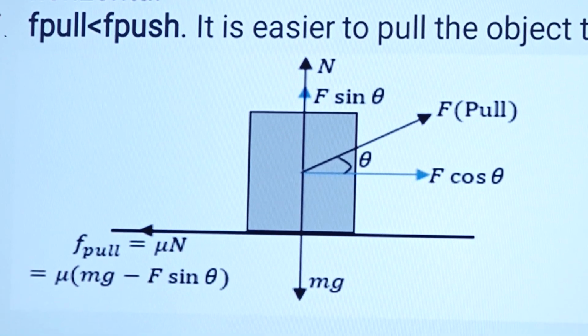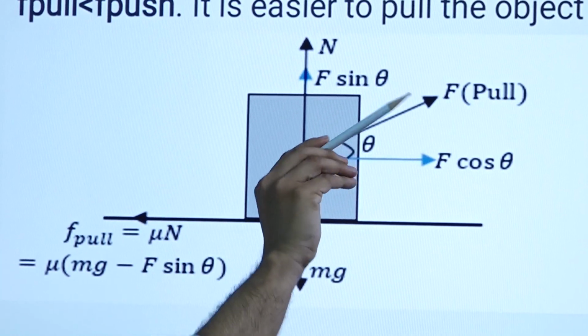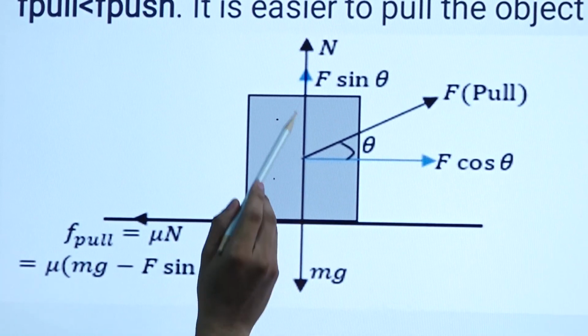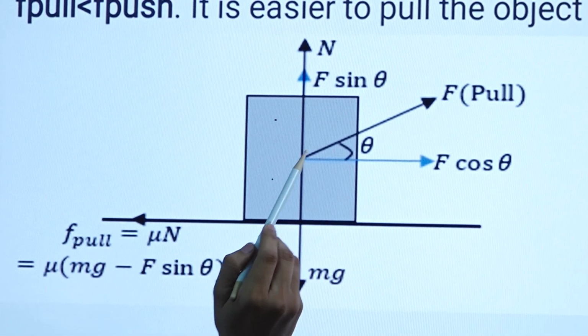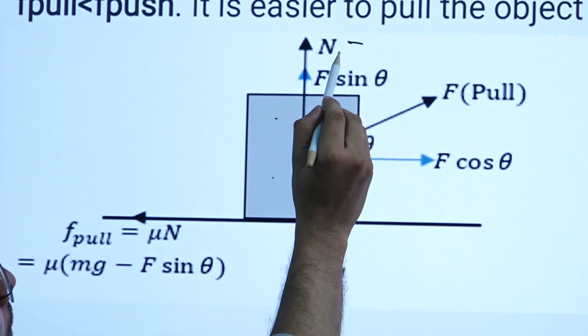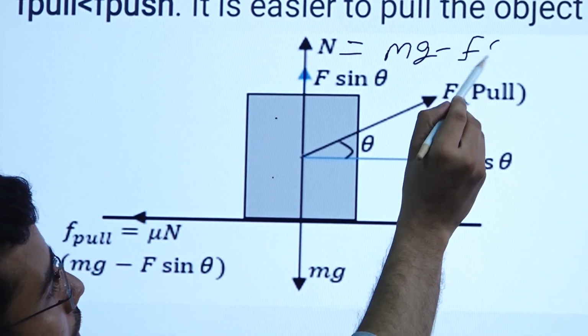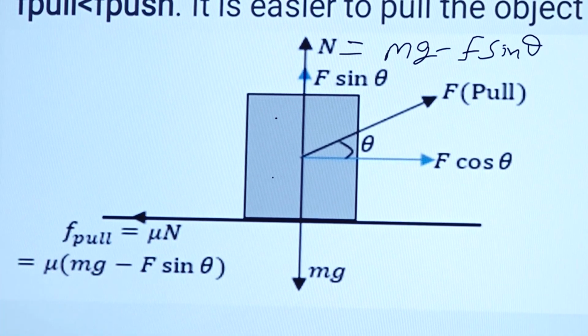So again we will analyze this problem, and first we will find out the x direction component, then we will find out the y direction component. So y direction component will be F sin theta, right? So again, like the previous case, normal will become mg, that is downward, minus F sin theta, right?